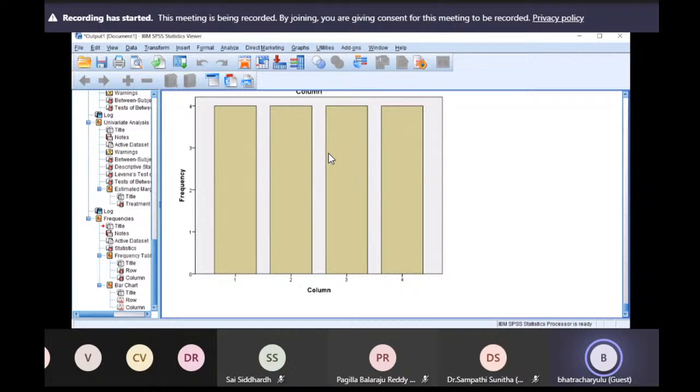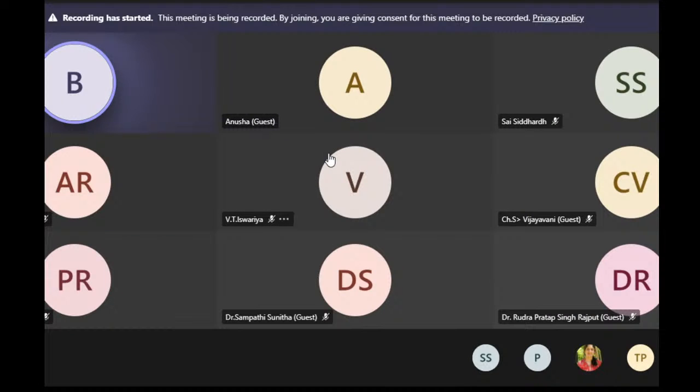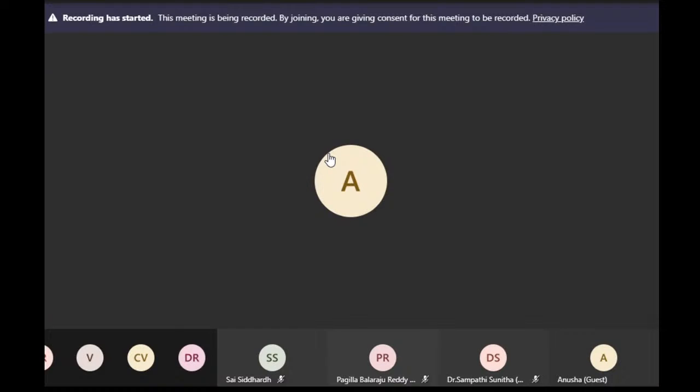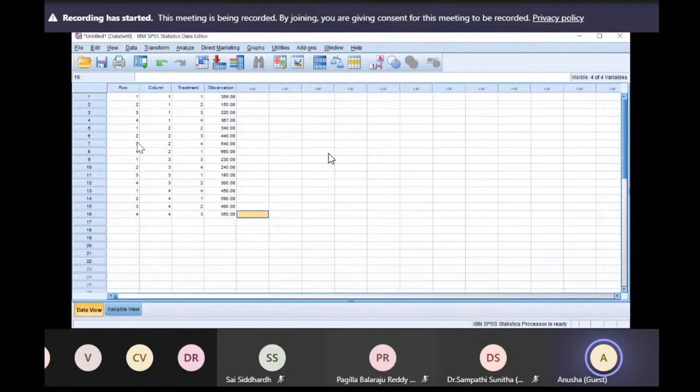Take unequal values and you can represent. So instead of that, take some random data and show it, only univariate. You delete this data and show.